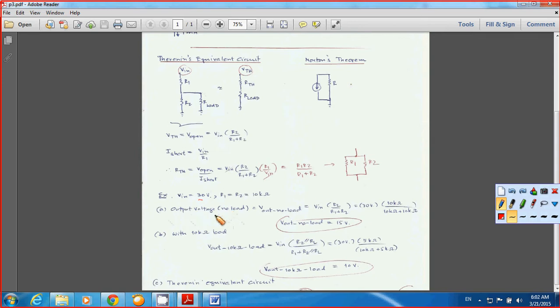Okay, so we start with the circuit with no load. So V out, no load. You simply don't have this one, so it becomes V out here. Just apply the voltage divider, so you end up with V in multiplied by R2 over R1 plus R2.